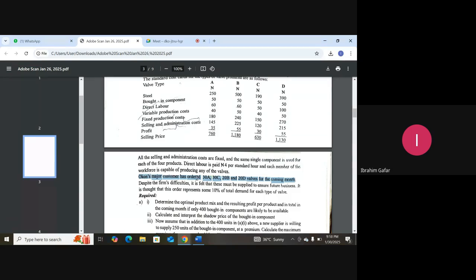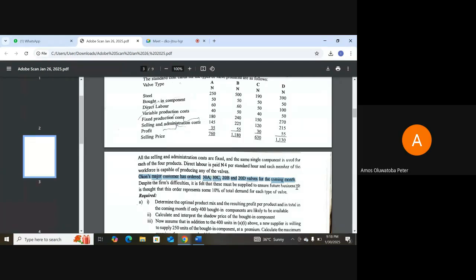Then that coming month, the Ocon customer ordered for 100. That is special order. Out of the 400 products that will be available, one customer has ordered 100, which is called special order for that coming month. Am I making sense?